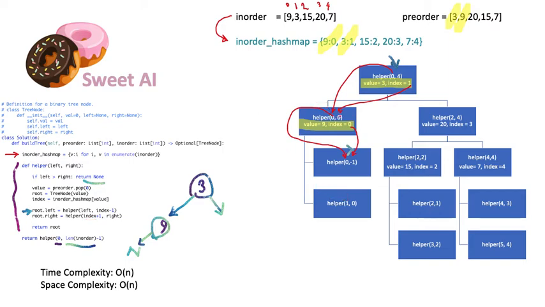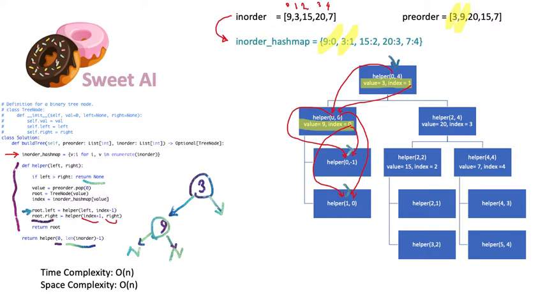So this comes from here, and this comes from here, the index plus 1 and the right index. And as you see, 1 is bigger than 0, so we return none here. So let's go to the right side.